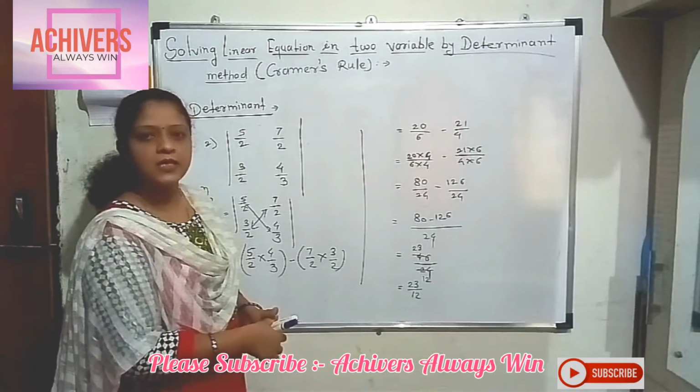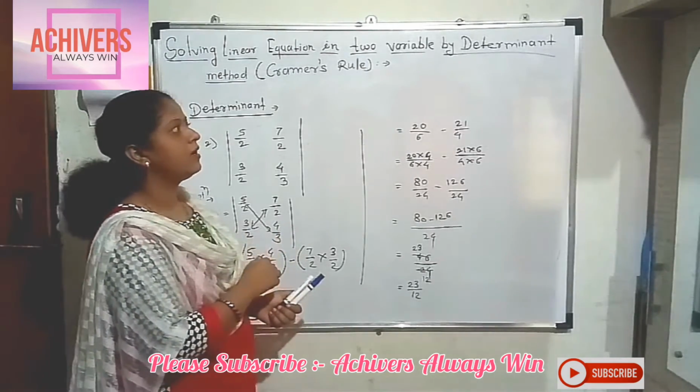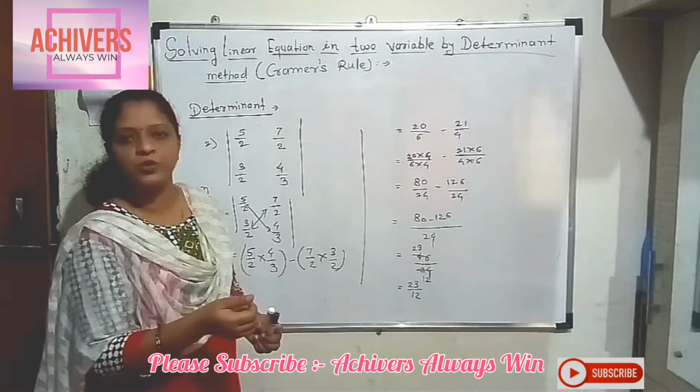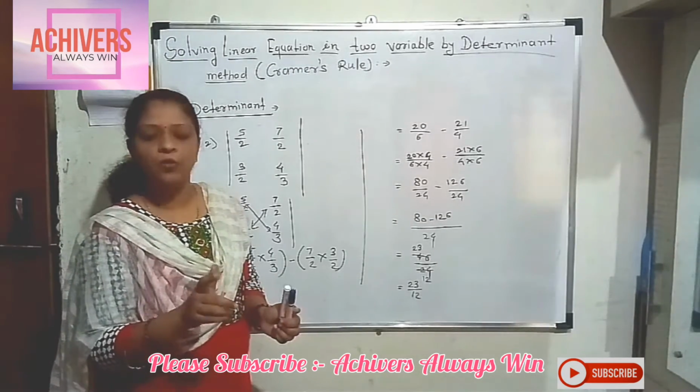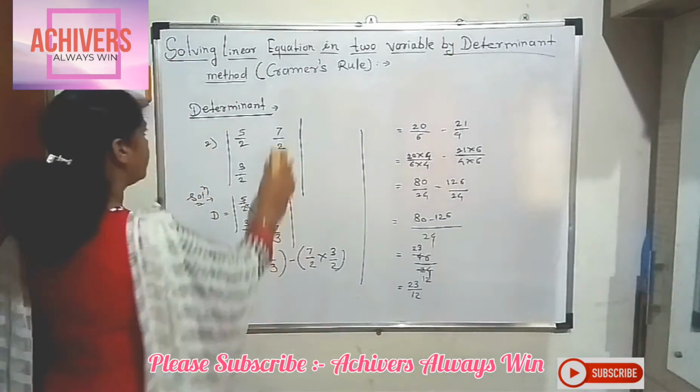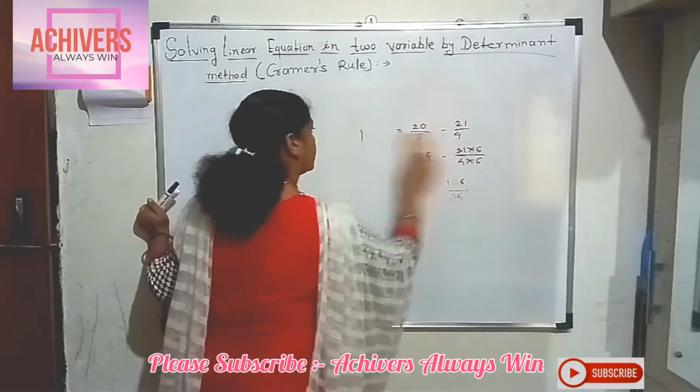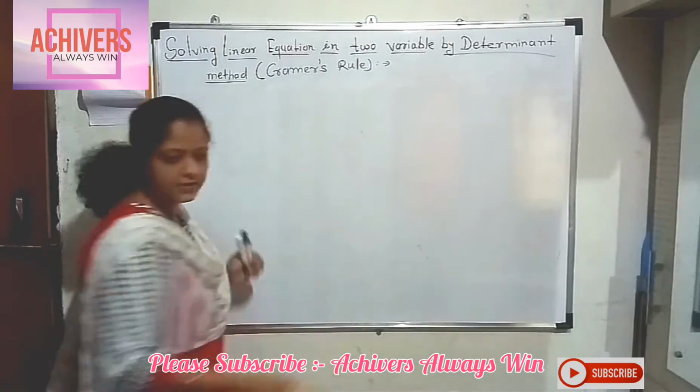Then see how you can derive the formula for the determinant, that is called Cramer's rule, for finding the values of the variables x and y. Here we have two simultaneous equations.